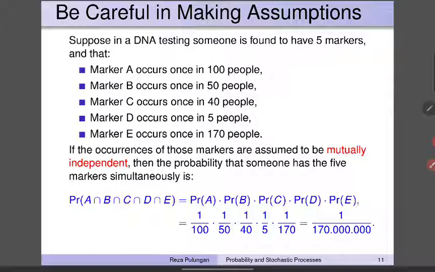Suppose that in a DNA testing, someone is found to have 5 markers in his DNA, and that according to our research, marker A occurs only once in 100 people, marker B occurs once in 50 people, C once in 40 people, D once in 5 people, and E once in 170 people.